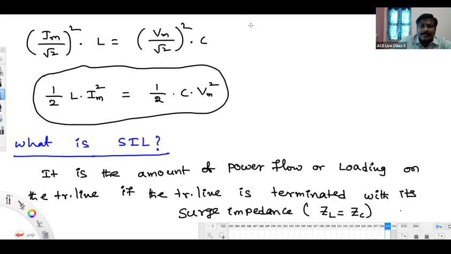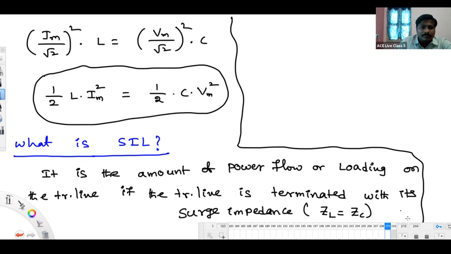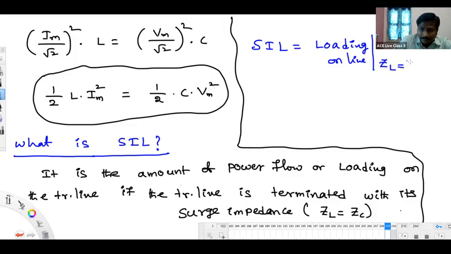Right. So I can say here, SIL is, in a short way, loading on the transmission line by keeping load impedance equal to surge impedance.